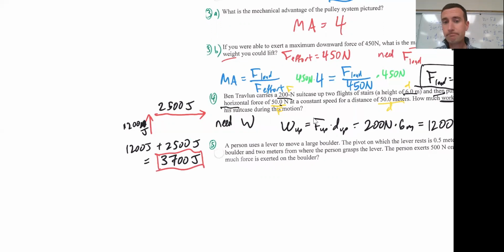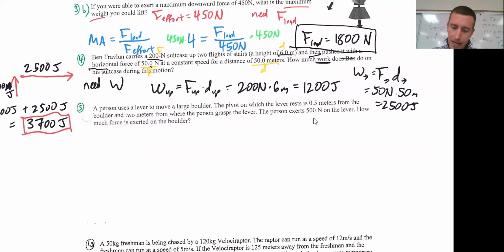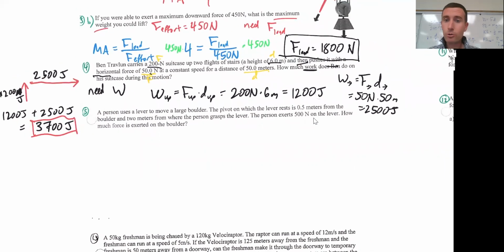I didn't do it. Ben Travelin did it. All right, number 5, I'm going to help you set it up, and then I'm going to let you go. So a person uses a lever to move a large boulder. I'm going to draw this one. So I have over here a large boulder, and I have a lever. There's my lever. The pivot on which the lever rests is 0.5 meters from the boulder. So there's my pivot. And I know that that is 0.5 meters and 2 meters from where the person grasps the lever.